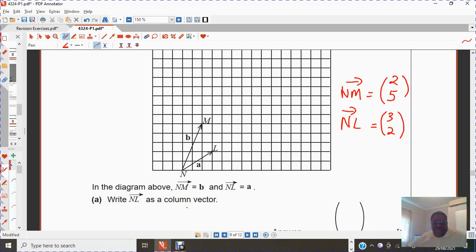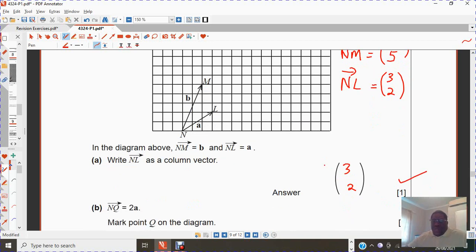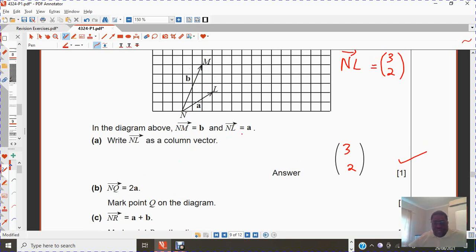Now they say write NL as a column vector. Well, I have NL as a column vector. It's 3, 2. Please don't draw a line there. This is not a fraction. The number on top is the x component, the one under is the y component. Then they say NQ is 2a. So N to Q is 2a. Now we know that a is represented by NL. So if NQ is 2a, then it will be 2 times whatever my NL was.